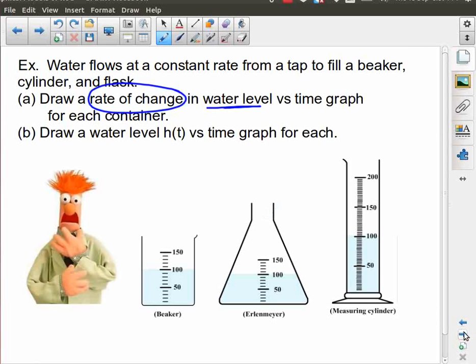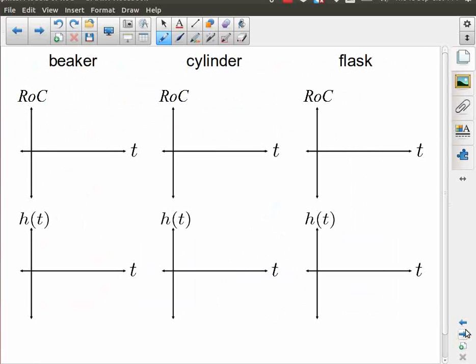So let's go ahead and try to apply some common sense to what we just said there. So in the case of the beaker, we said that the beaker will fill at a constant rate, and I'm going to put this one right in the middle. So the beaker is going to fill at a constant rate, and then at the end, because it widens, the beaker is going to fill a little bit more slowly.